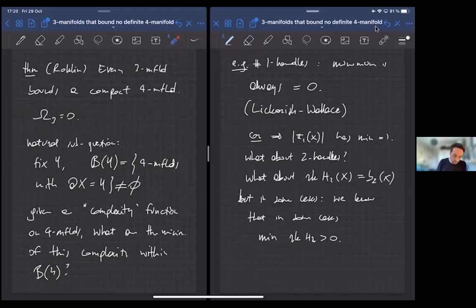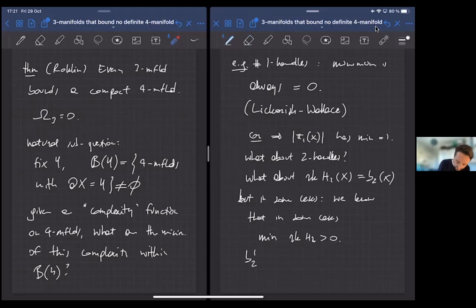And you can look at the intersection form, and the intersection form roughly splits into a positive definite part and a negative definite part. And the sizes or the ranks of these 2 parts are invariants related to the signature or the index of your 4 manifold.